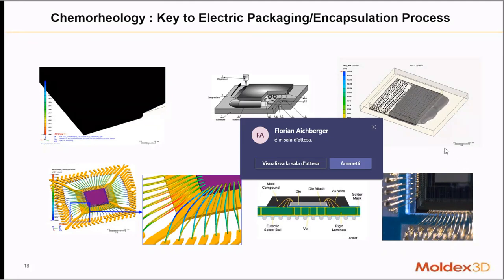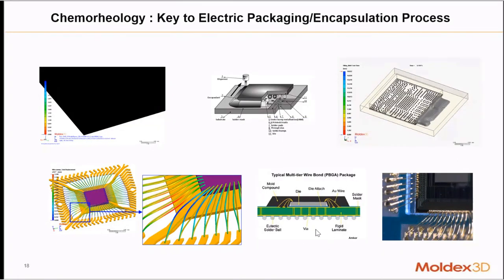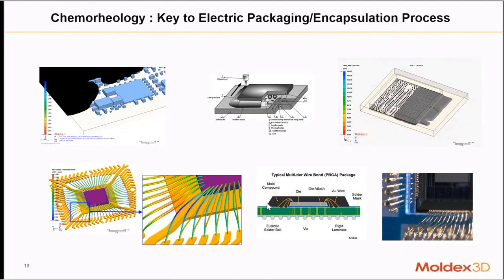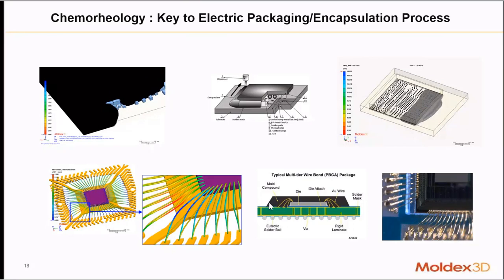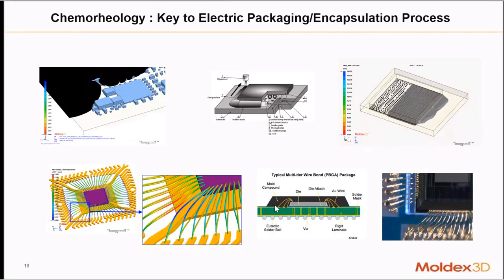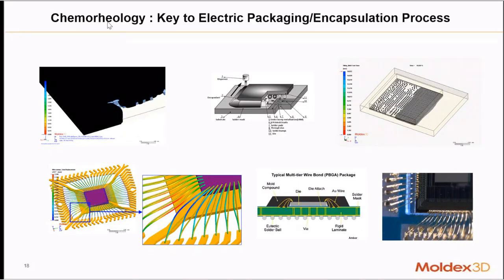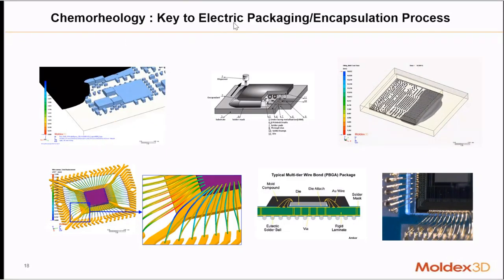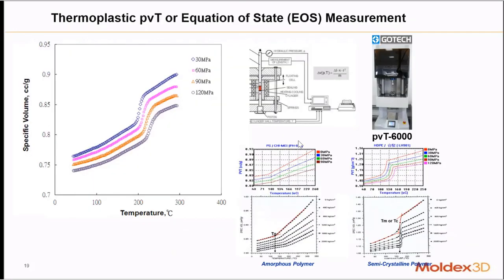And in some wire bond products, the wire will be dragged or even destroyed by the molding compound. We call it the wire sweep effect. This is also highly related to the viscosity variation of the epoxy molding compound. So chemorheology is key to the semiconductor and electronic packaging process.